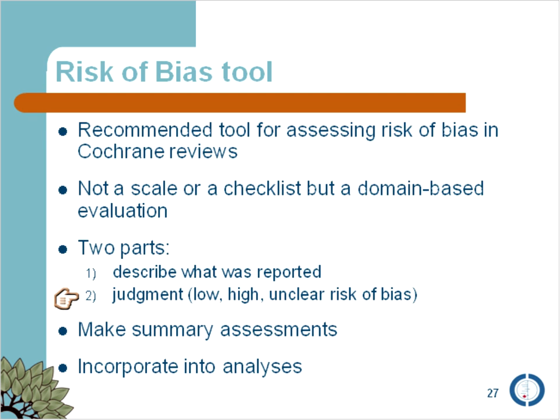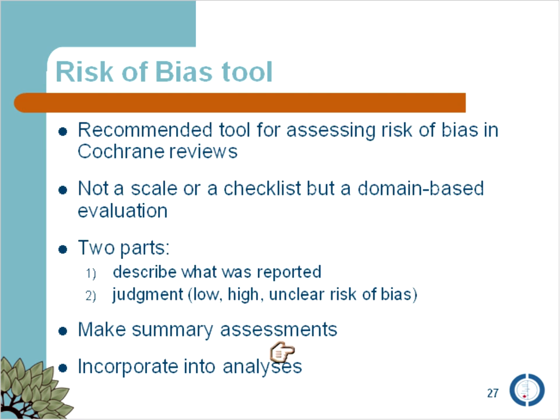And this is where you say, I think this is at low risk of bias or high risk of bias, or there's not enough information, or maybe they didn't report on that particular item, and so therefore it's unclear. And so that gives you a sense of what you are doing with the tool.